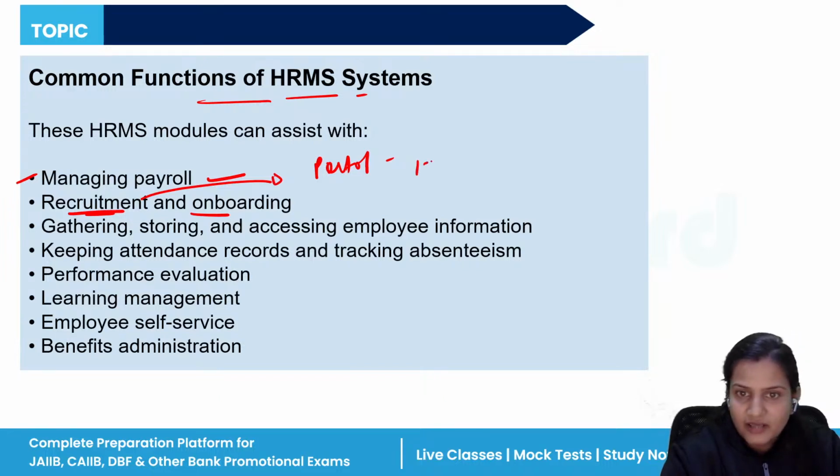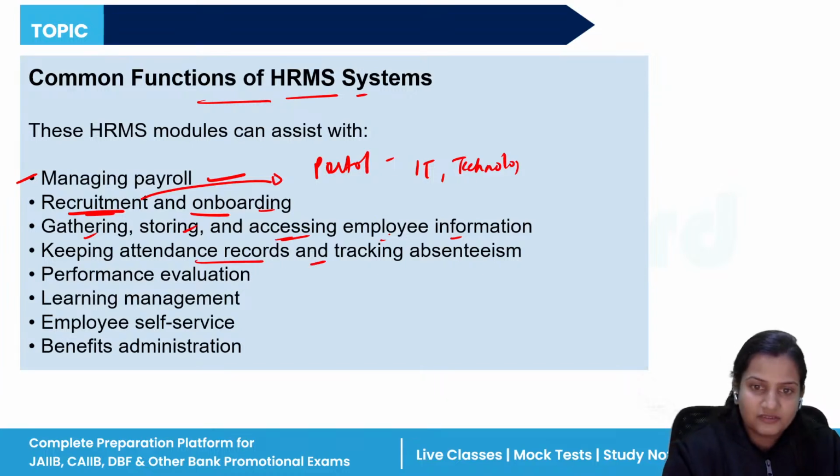So for this also we need technology, for onboarding too. Everything uses a proper management system for gathering, storing, and accessing employee information, maintaining the records of your employees, tracking how much they have been absent, then the performance evaluation, or you can say the performance appraisal.